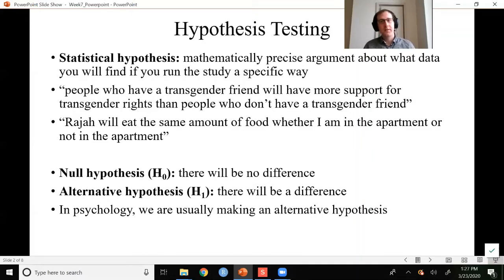So often the thing we're most interested in is, is the alternative hypothesis true? Is there a reason to think that there will be a difference based on what intervention we do, based on the personality traits, and things of that sort? And so you often find that the alternative hypothesis is the primary hypothesis we're making based on our research hypothesis. And if we don't find support, then we hold on to that null hypothesis that there isn't actually a difference.